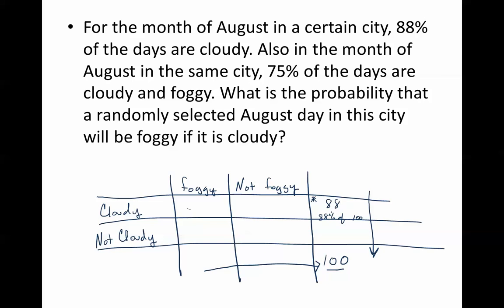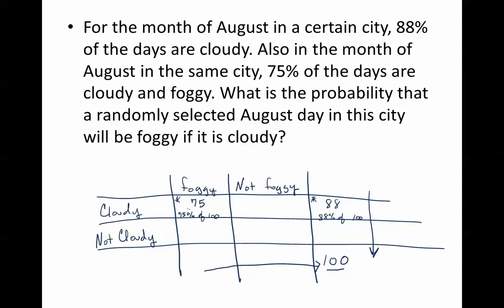Now, we've got also in the month of August in the same city, 75% of the days are cloudy and foggy. Well, that's in this square here where we have foggy and cloudy. And this is going to be 75% of our total, which again is 100. So that gives us 75.